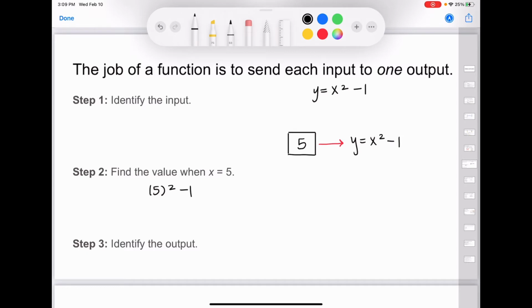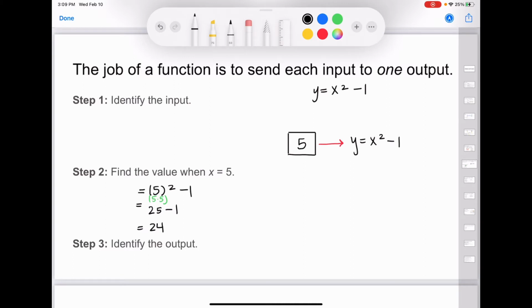And what you want to do is solve in order to find out your output. So this basically means 5 times 5, so that is 25 minus 1, which is equal to 24.